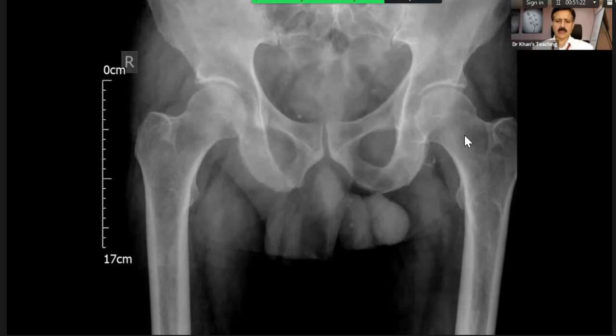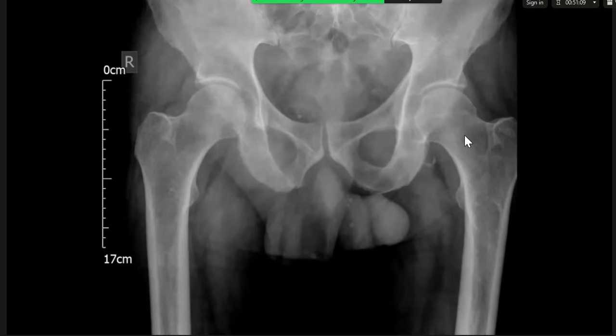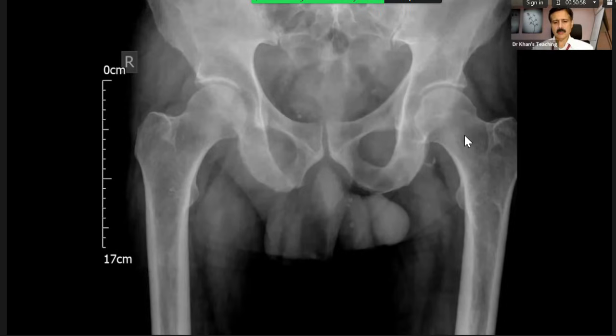Come anteriorly. Anything happening at the level of, let's say, the ischial tuberosity? Look at the soft tissues also. There's asymmetry in the soft tissues of the medial compartment of the thigh. Excellent. Just looking at the adjacent cortex, there's possible increase.